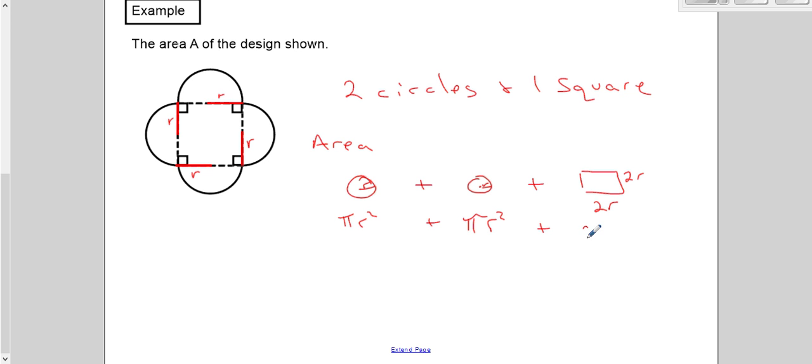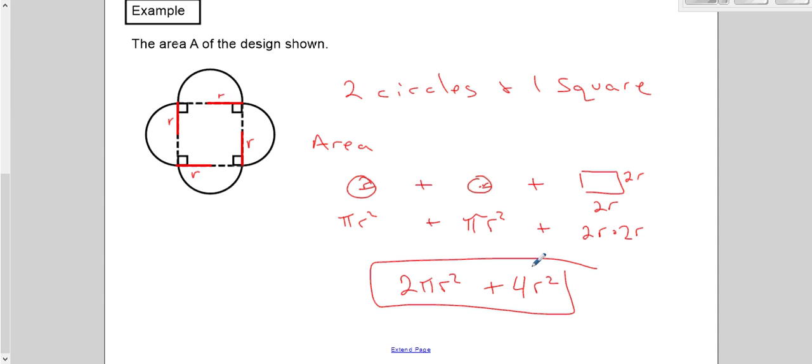So therefore, a square is base times height, which is 2r times 2r. So we've got pi r squared plus pi r squared, that is 2 pi r squared, plus 2r times 2r, which is 4r squared. And that's our formula for area of this design.